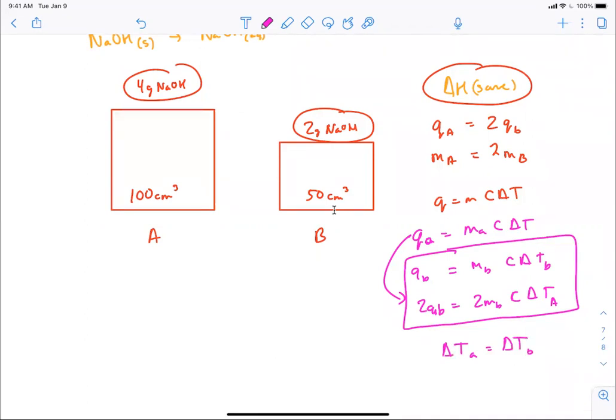Because if my Q is double, but my mass is already doubled, then if the Q of the reaction doubled, that means the water absorbed twice as much heat. But since the water is twice as much mass, the temperature change of that water would be the same as half the water with half the amount of energy put into it.